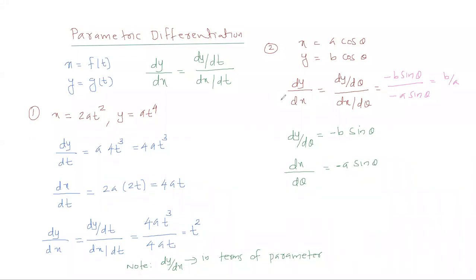Now x is equal to a into theta minus sine theta, y is equal to a into 1 plus cos theta.